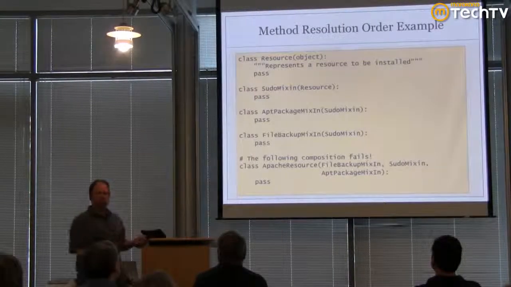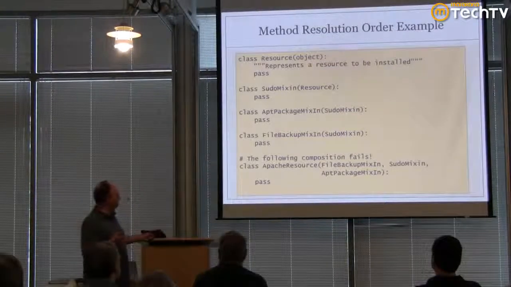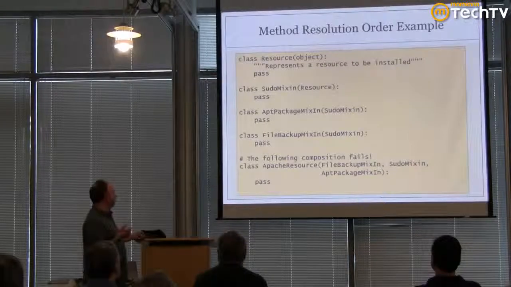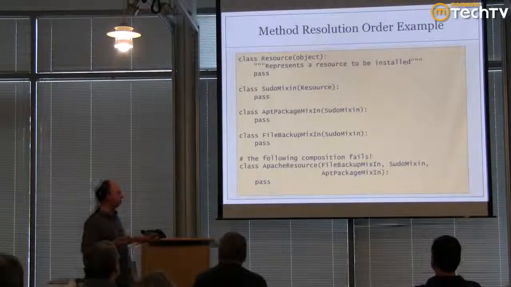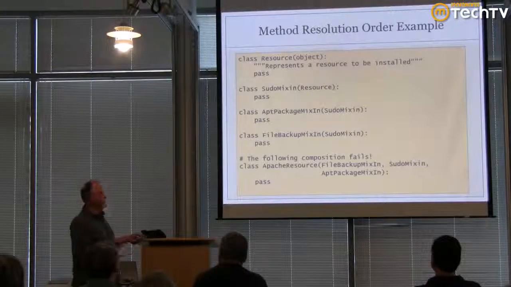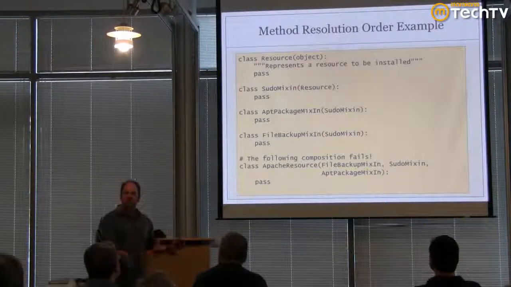So now when I'm creating my little installer for Apache, I ran into this problem because I'm taking from this mixin and this mixin, which inherit from this other mixin. And when I do this, I actually get the error. By changing the order of this sequence, you can avoid that error, but it gets to be very complicated. And there are situations where there's no way you can actually subclass from a given class.